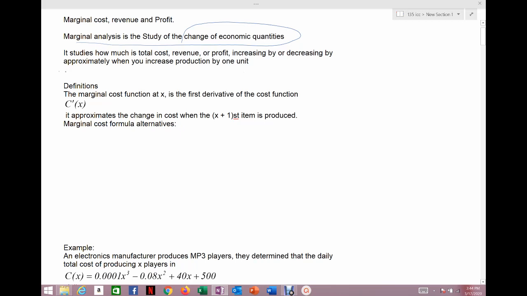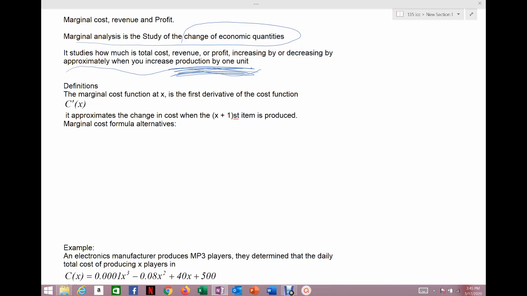And in this class, we keep it the simplest. We approximate how much you increase and decrease by 1 unit. We're going to do marginal analysis on cost, revenue, and profit. Now, you can do a marginal analysis on other types of functions. Those are just the 3 we're going to do in the simplest case in this class.